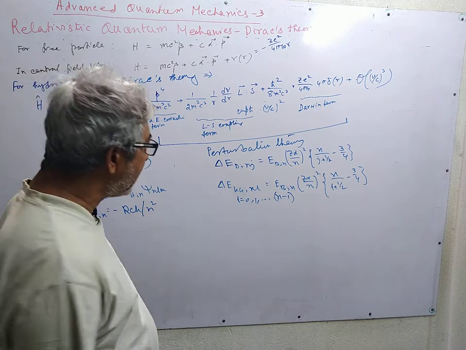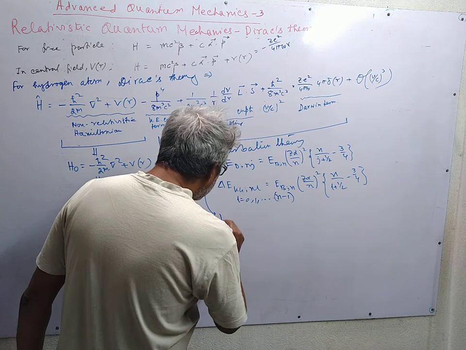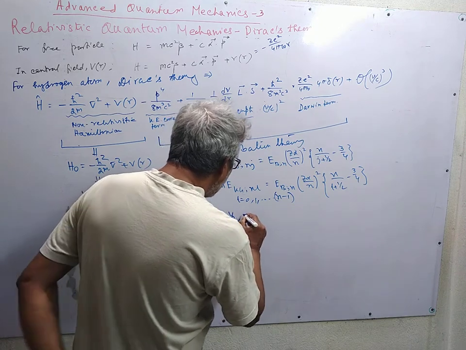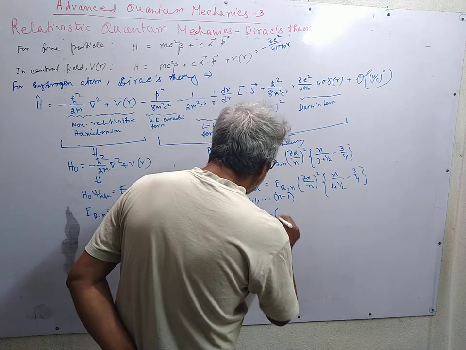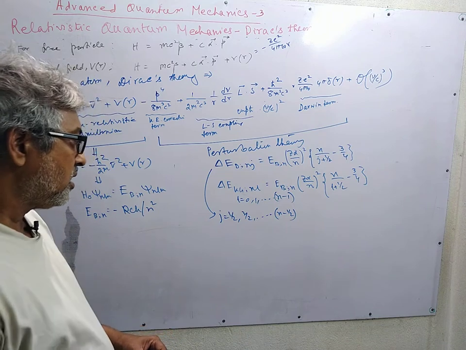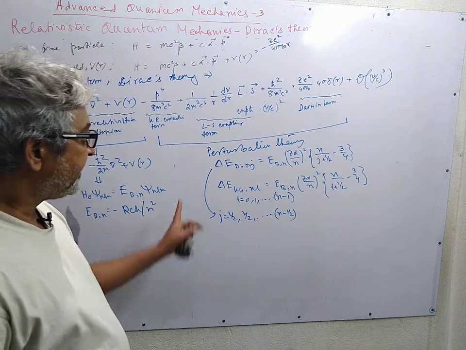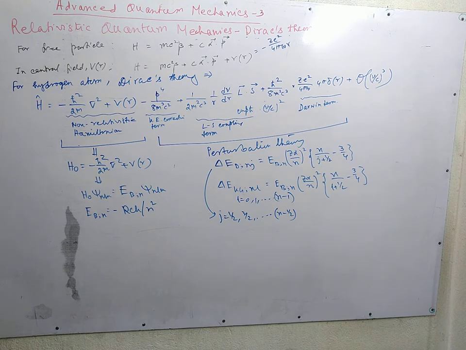For a given value of n, j can have values half, 3 by 2, right up to n minus half. And in these energy values, the degeneracy with respect to l is lifted in Dirac theory.